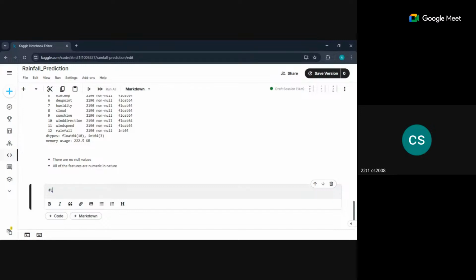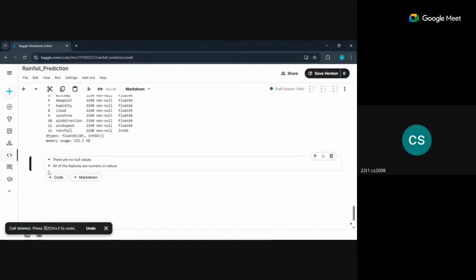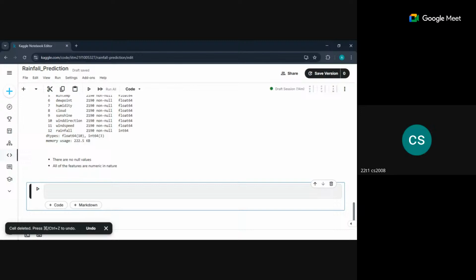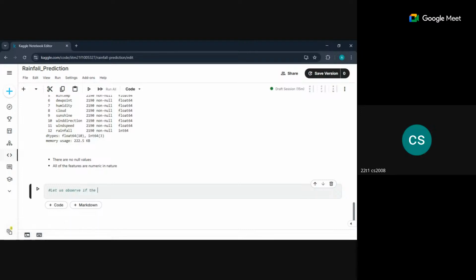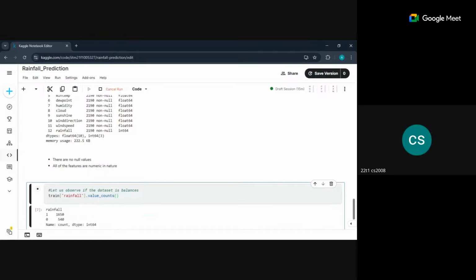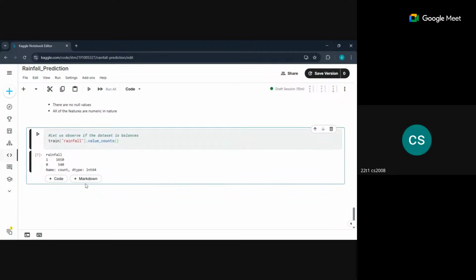So, let us observe if the data set is balanced. What should I use? What is the code snippet? So, what is the observation?